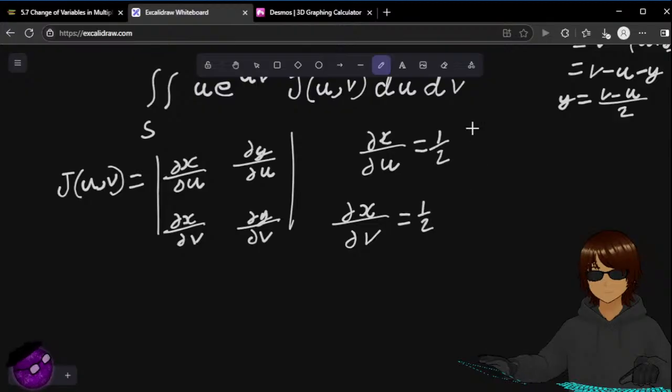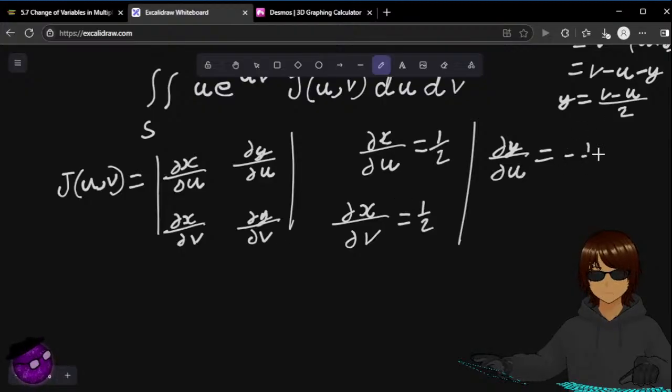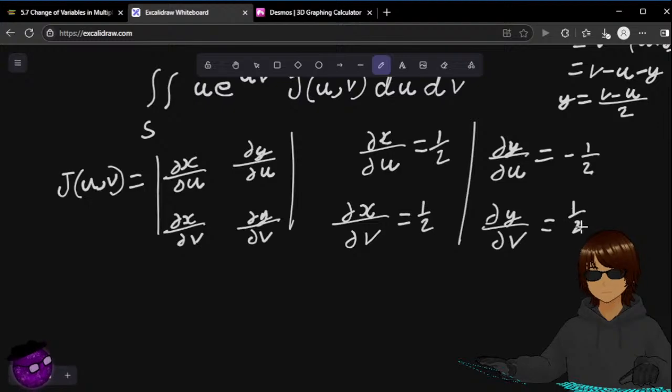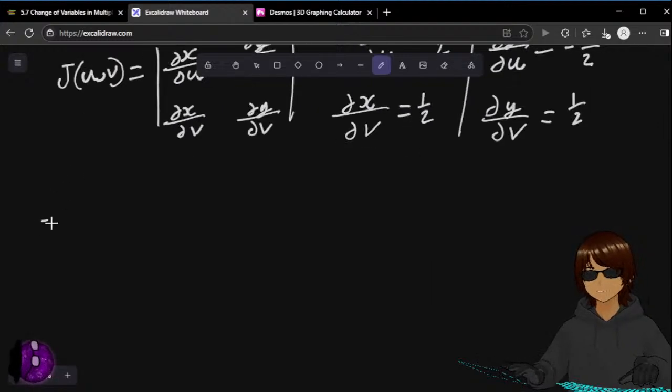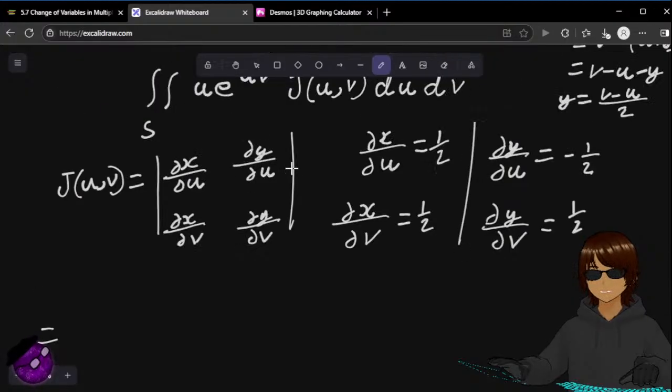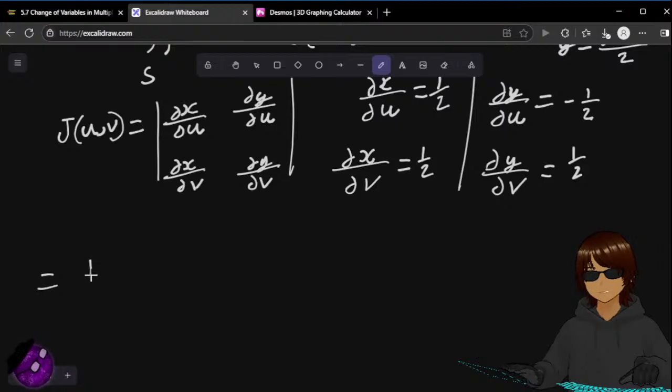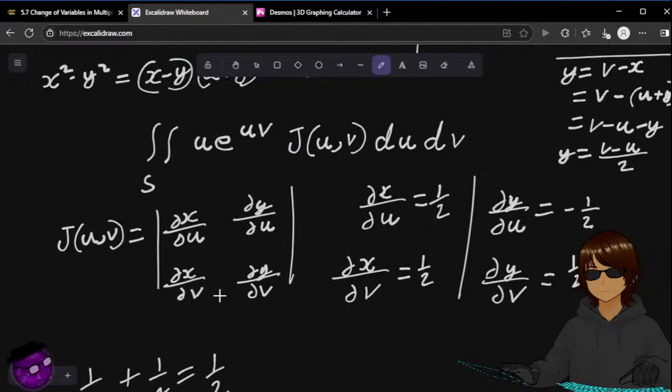This is also half. This is minus half. This is half. So then these two multiplied together, half and half is 1 over 4. Minus these two, so plus these two, 1 over 4. Half.